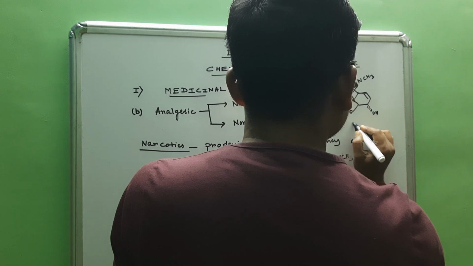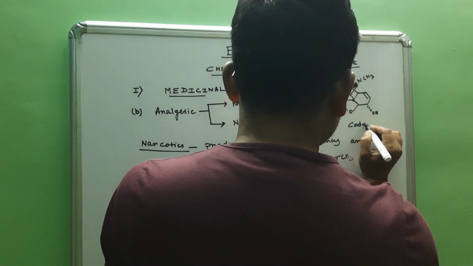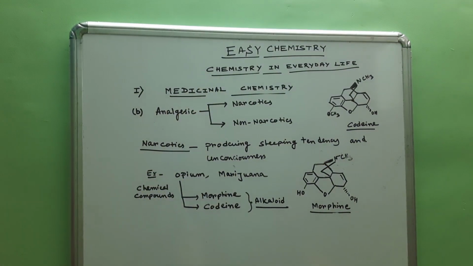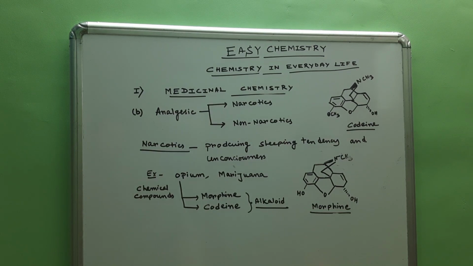So this is the structure of codeine. The main composition of opium is morphine and codeine. If you are asked what the main components of opium are, the answer will be codeine and morphine.